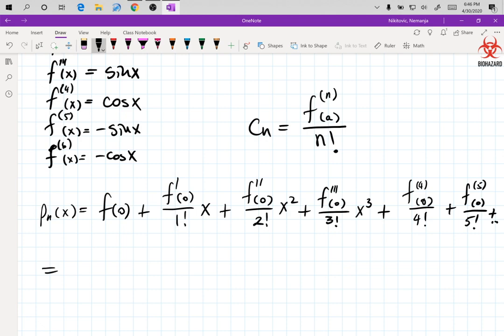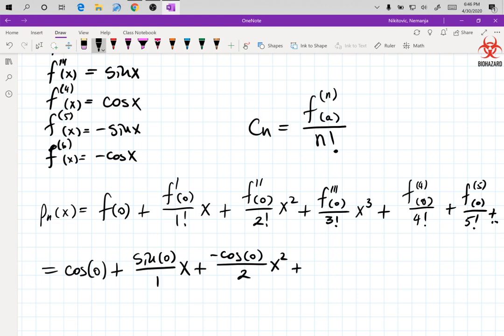So this becomes cosine of 0 plus sine of 0 divided by 1 times x, plus negative cosine of 0 divided by 2 times x squared, plus negative sine of 0 divided by 6 times x cubed, plus positive cosine of 0 divided by 24 times x to the 4.